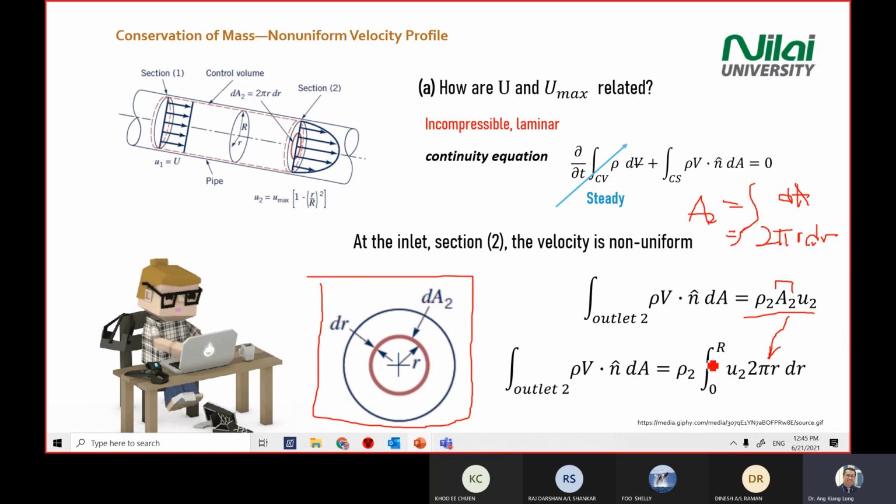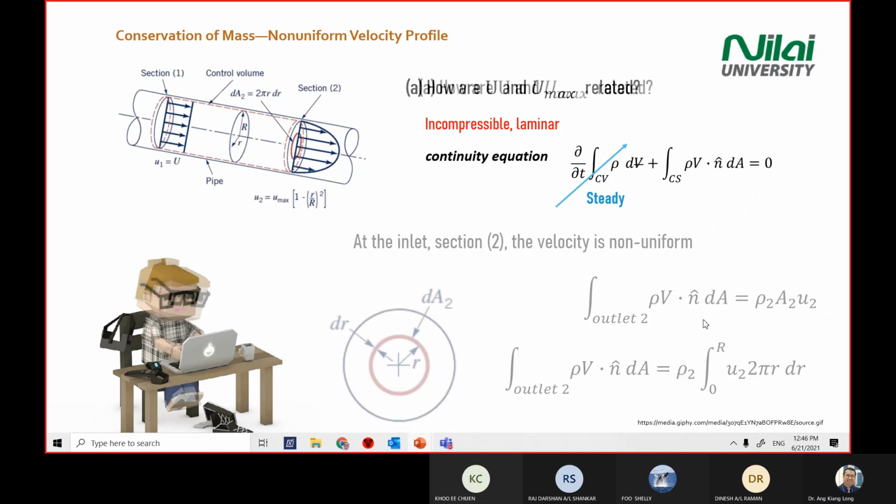So area 2 equals the integration from 0 to R. R is the outer radius, which is r here from the center. So you integrate from 0 to R, U2 2 pi r dr. When you integrate, you'll get some answer. I will not go deep into the integration steps. If you're still weak in integration, go Google and see some videos on how people teach you to do integration.